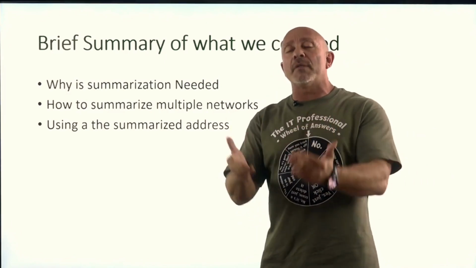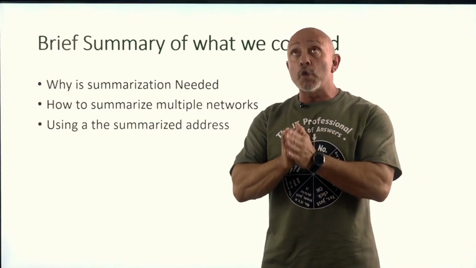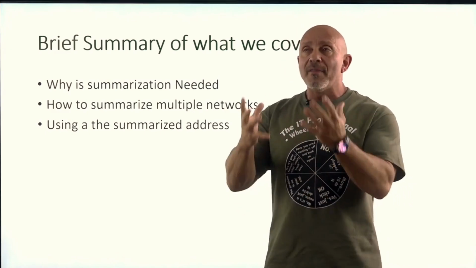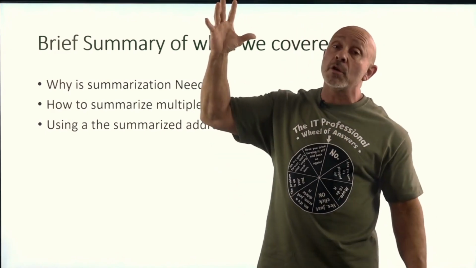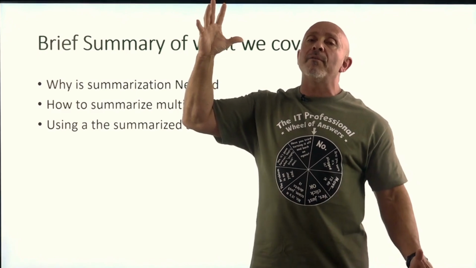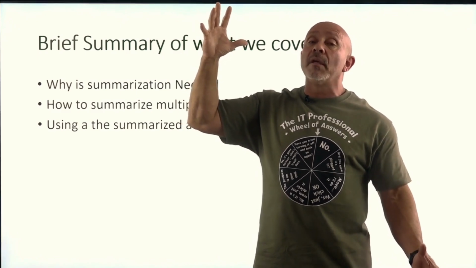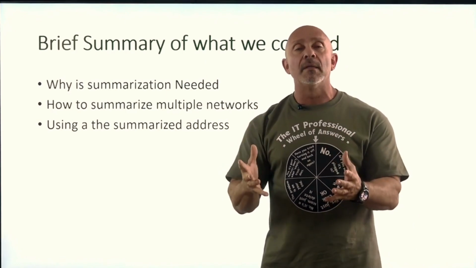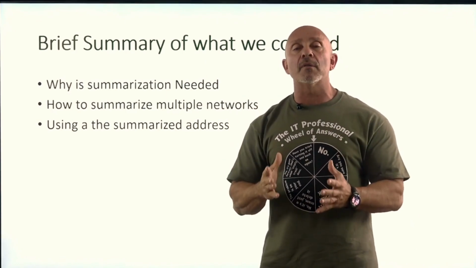We advertised it through an interface to the core router, and you saw that it went from a whole bunch of subnets learned through EIGRP to 3. That's the whole point of summarization.